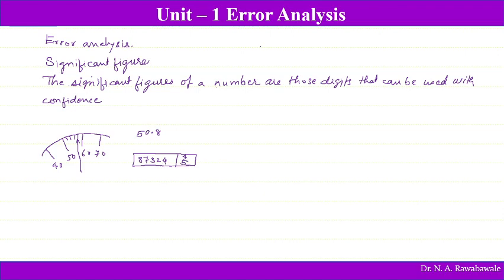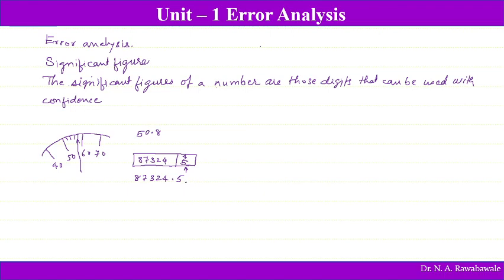So while writing the answer, you are going to write 87324.5, because this 4 is about to move out of this dial and 5 has entered completely. You will say that it is 0.5, not 0.4. It is your confidence that you are saying this reading, 87324 kilometers, is the running of your vehicle.